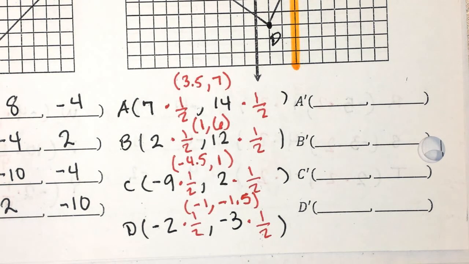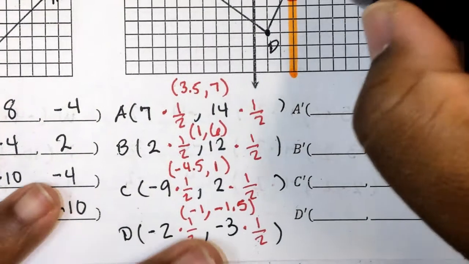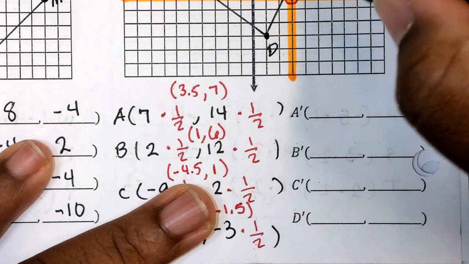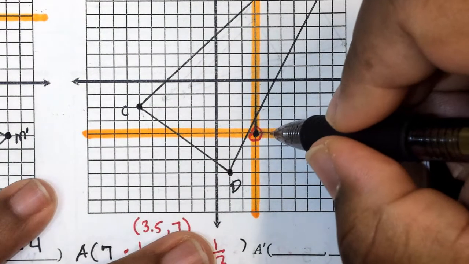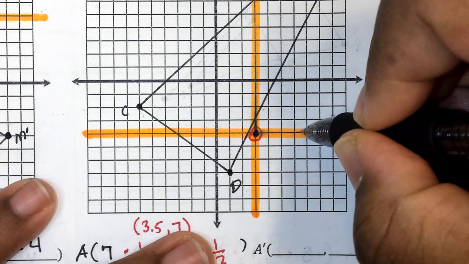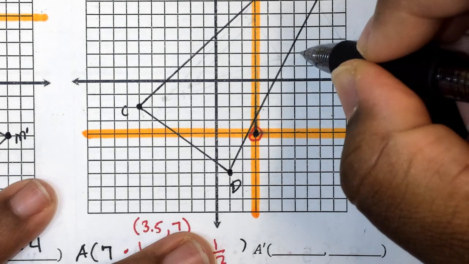Alright, so those are our points we have to count from our center. Let's do A first. From the center, we're going to the right 3.5, up 7. Let me do this with you. 1, 2, 3, go over a half, then go up 7. 1, 2, 3, 4, 5, 6, 7.